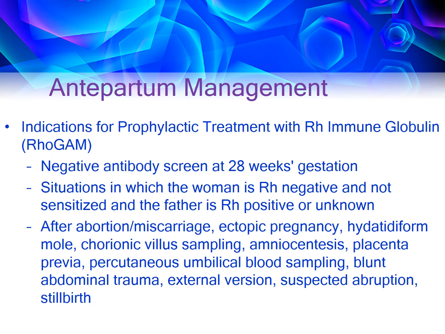So that includes after abortion and miscarriage, ectopic pregnancy, a hydatidiform mole, CVS, amniocentesis, placenta previa, percutaneous umbilical blood sampling, blunt abdominal trauma, external version, suspected abruption, and stillbirth.